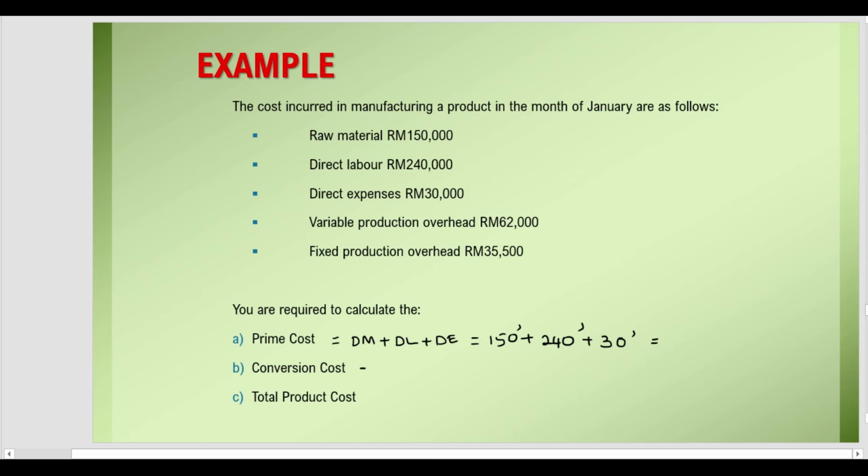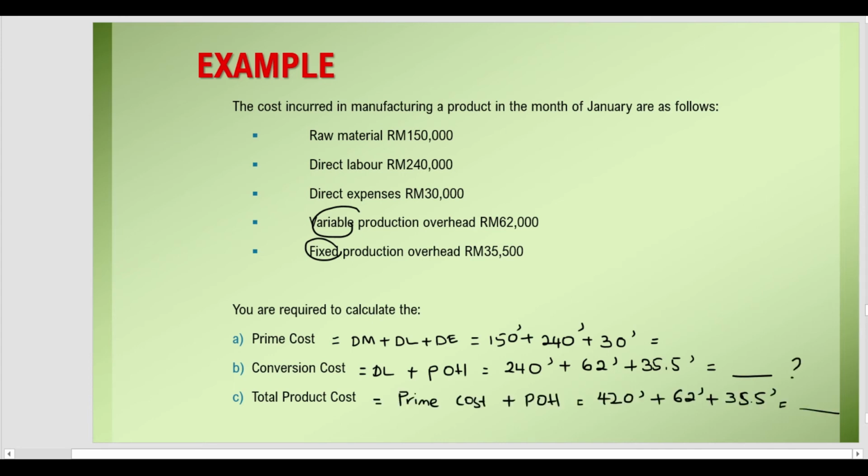Conversion cost, on the other hand, is direct labor plus production overhead. So direct labor 240,000 plus production overhead, we have two types, which are variable and fixed. So 62,000 plus 35,500. How much?